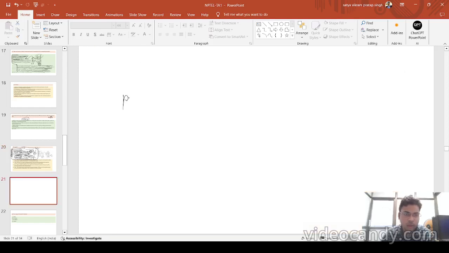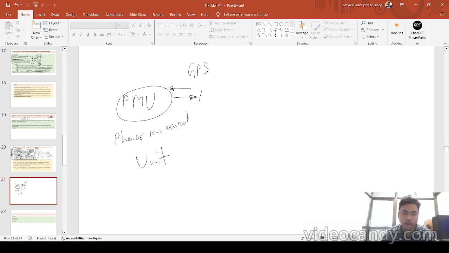So you have a PMU, that is a phasor measurement unit. The phasor measurement unit can receive data from different positions using GPS based data, and also send the data using this modem. Okay.